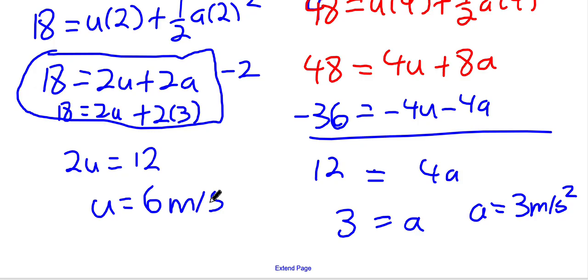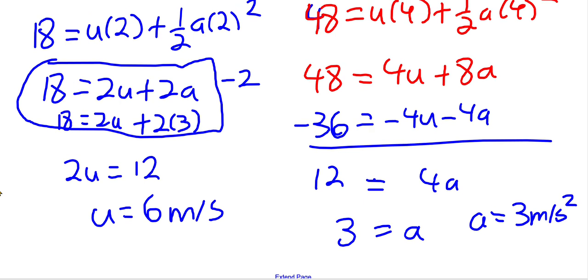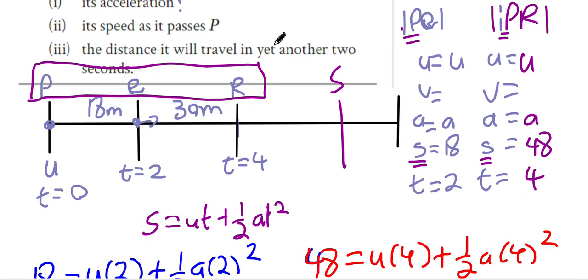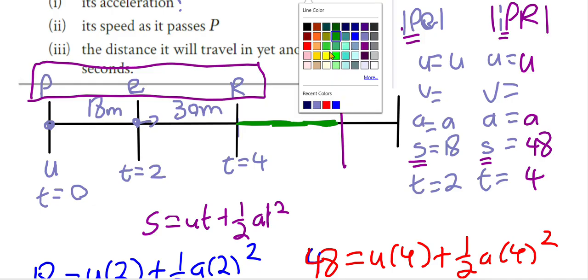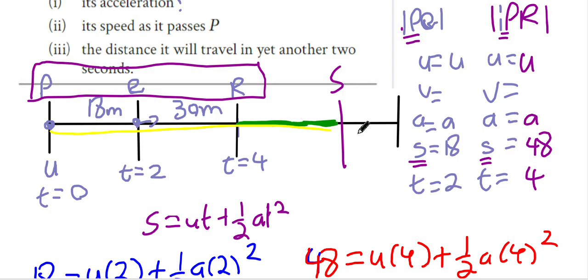Now, what it then asks me is, if it traveled another 2 seconds, how far is this green distance here? Everybody see that green distance? Well, for me, that green distance is the same thing as this yellow distance subtract 48.